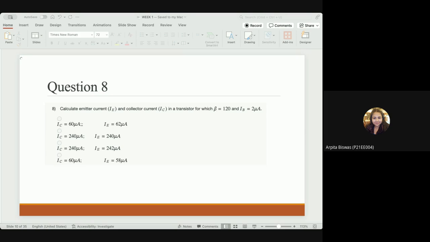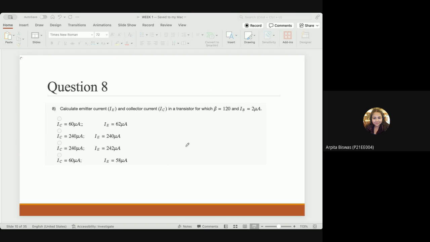How to calculate it? IC is equal to beta times IB. Okay. So from here you have calculated, right? So what is the value of IC? So what have you done? Just a minute, I'm showing it. So first see what is given here, beta and IB, right?